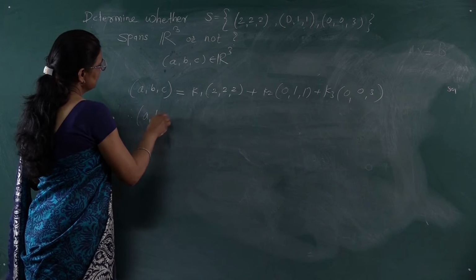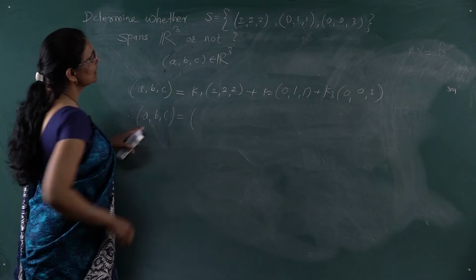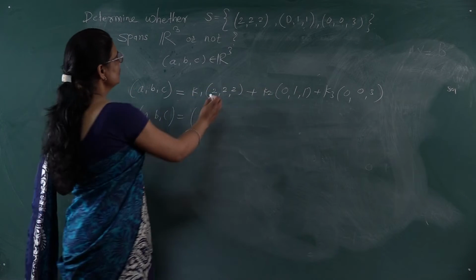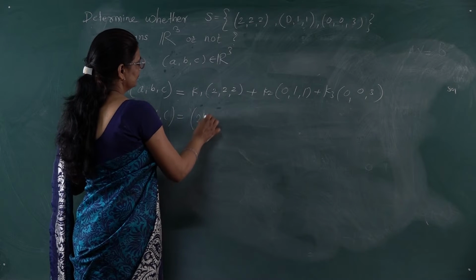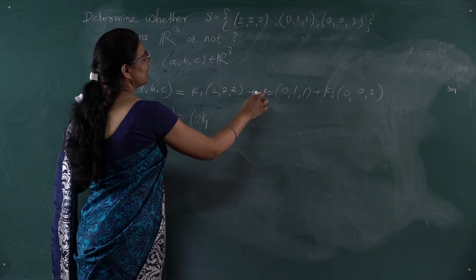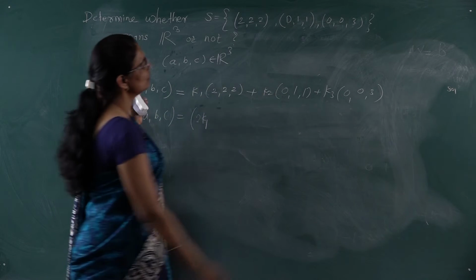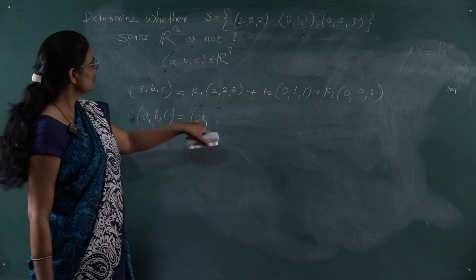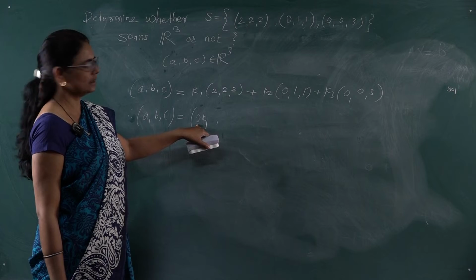So solve the right hand side. You can write this side directly also. The first component of this addition is 2 times K1 plus 0 times K2, so no need to write that value. Next, 0 times K3, which is also 0. So there is only one term here.